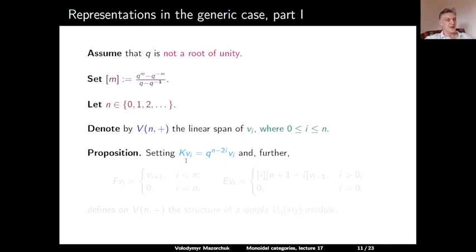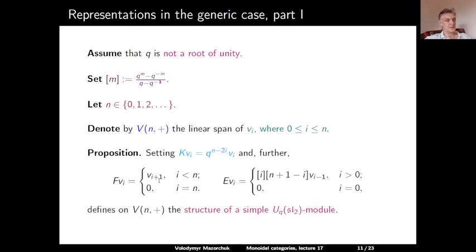The generator K acts on v_i, so v_i is an eigenelement for K with an eigenvalue q to the power n minus 2i. The generator F maps v_i to v_{i+1} unless i is equal to n. So F acts on v_n and the output is 0. So F kills v_n, and for the remaining cases, v_i is sent to v_{i+1}.